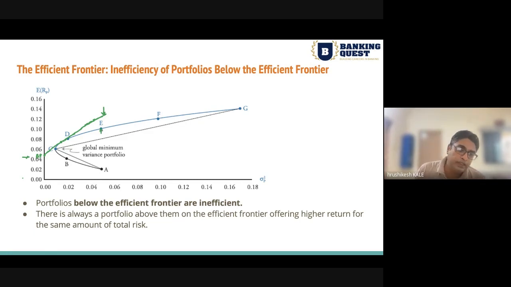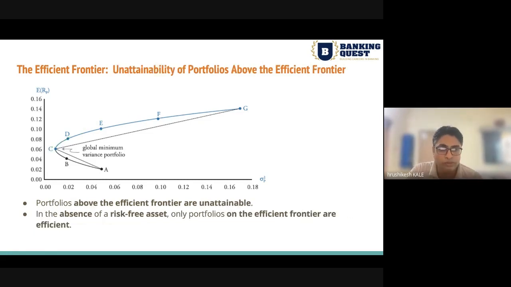So this line, which connects risk-free rate to your efficient frontier via tangent, is called capital market line. We will try to see that line also.